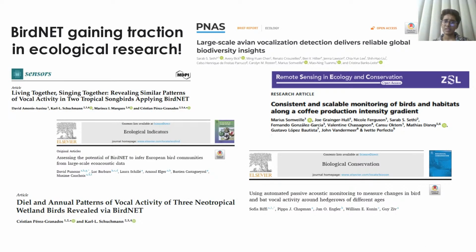Since its development, BirdNet has become the go-to bird identification software by the scientific community, being employed to study various behaviors as well as to monitor species.